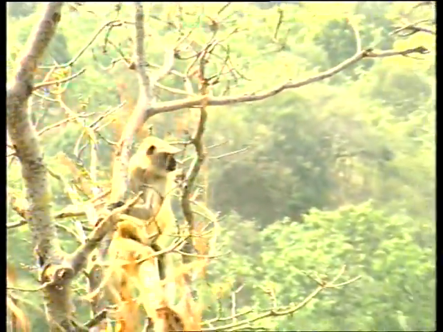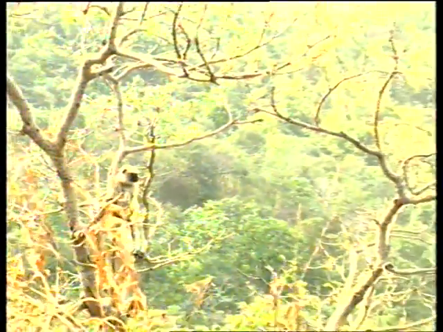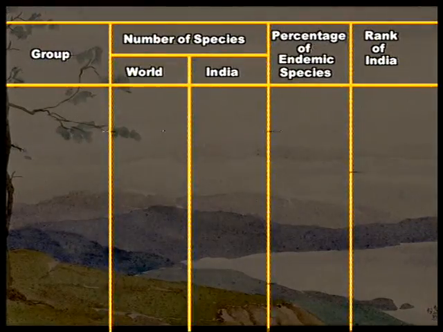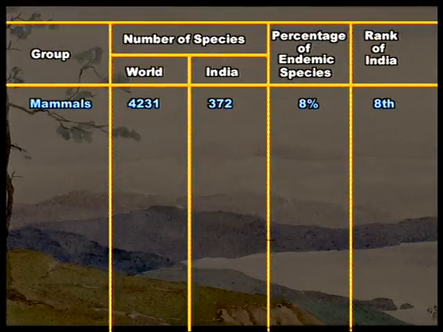The place occupied by India on the basis of wildlife is as shown. Of the 4,231 mammal species found in the world, India has 372. The percentage of endemic species found in India is 8, and India holds the 8th position.